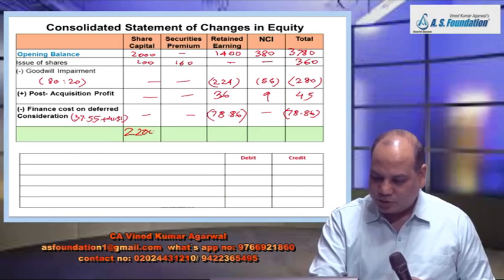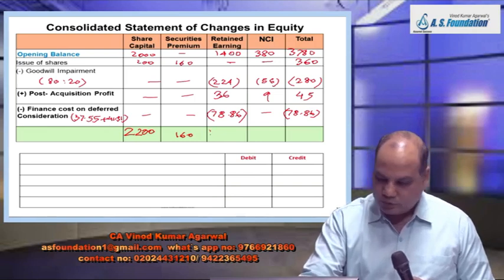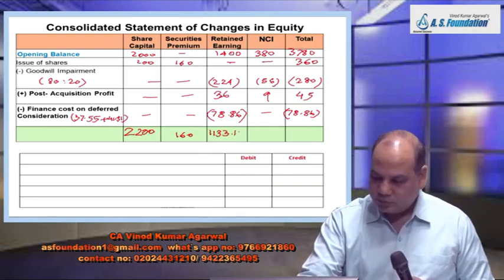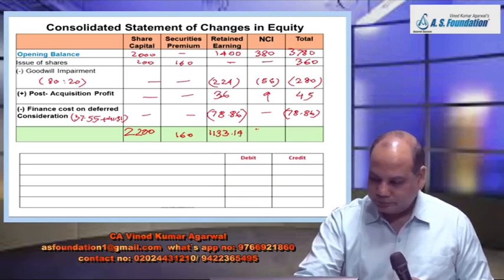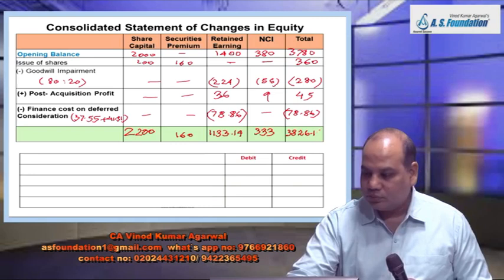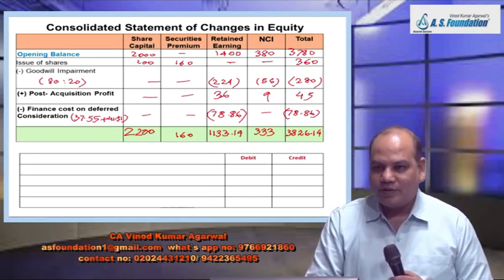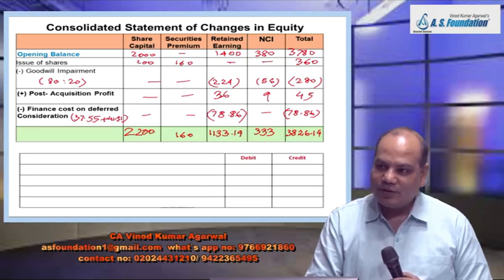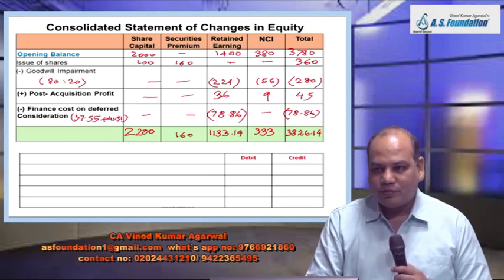Now you take total 2200, 160, 1133.14, triple, 3826.14. Is it right? Say yes. Yes. 3826.14.